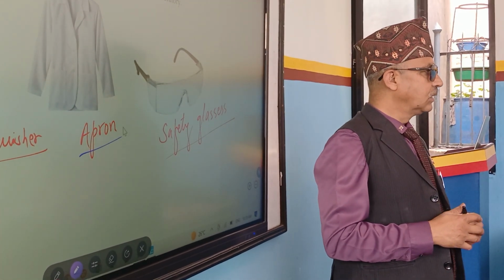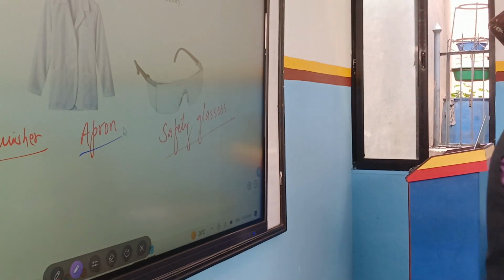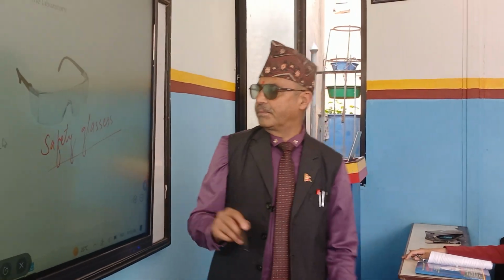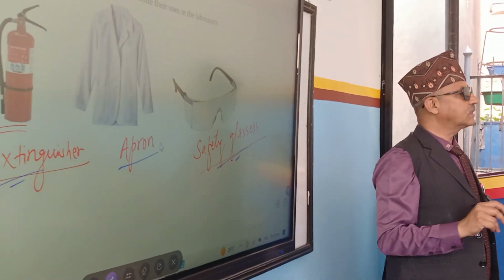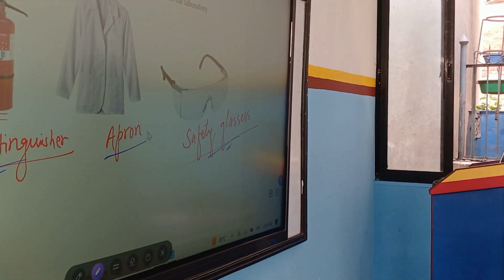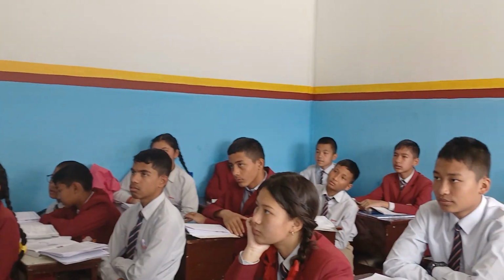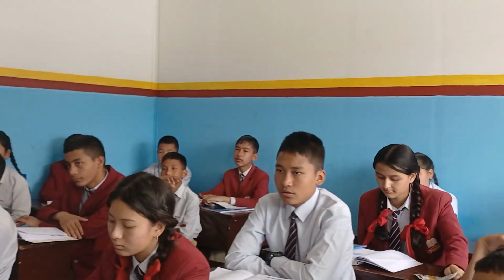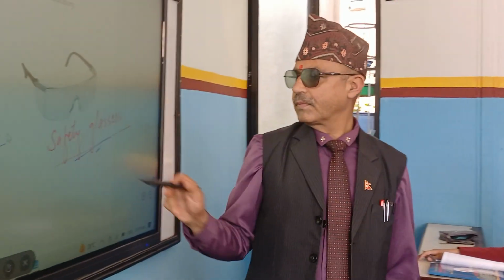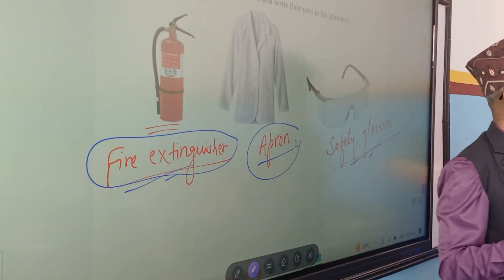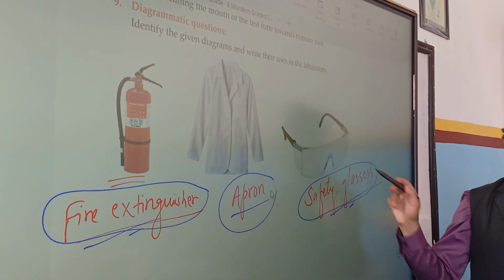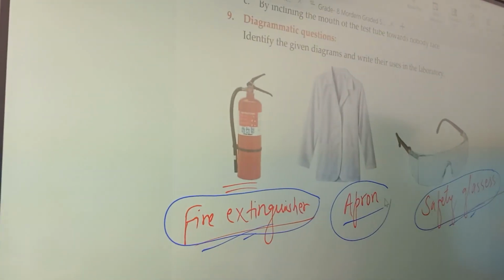While doing the experiment, you use it. When you don't do it, leave it. And the third one? Safety glasses. Safety glasses are used to protect our eyes from hazards. So these are the uses of these three devices: fire extinguisher to put out the fire, apron to protect our clothes from becoming dirty, and safety glasses to protect our eyes from harmful substances or chemicals.